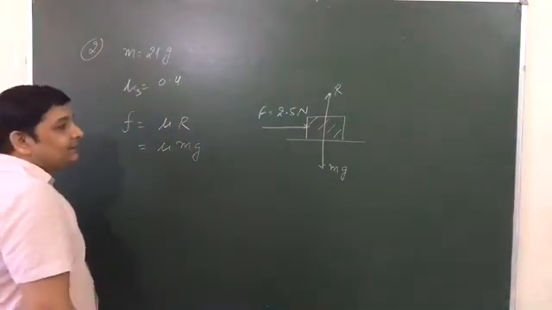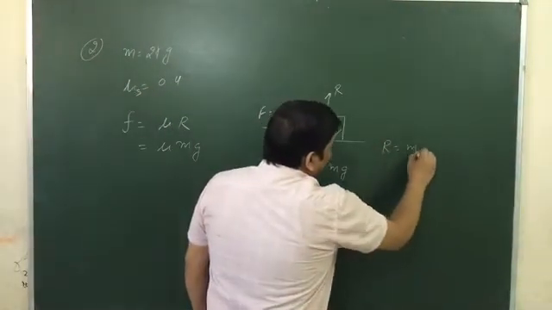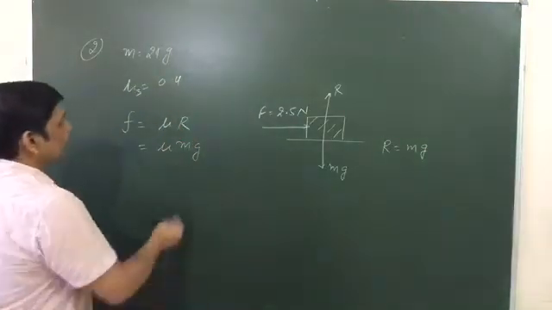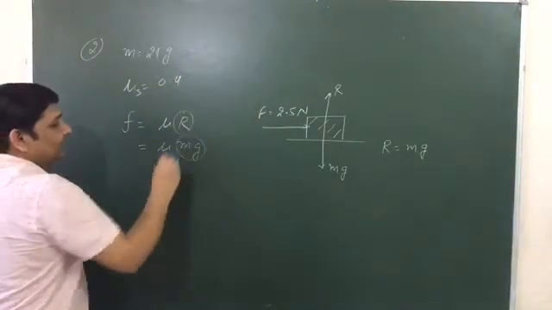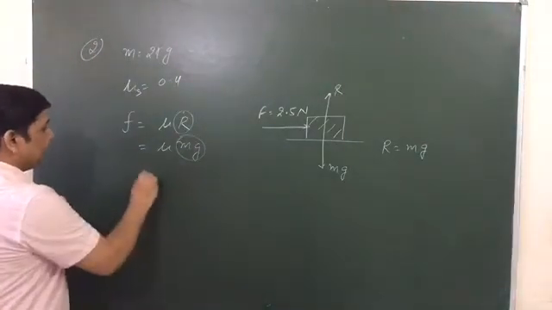In this case, reaction and weight are opposite but equal in magnitude. Therefore, R is replaced by the weight of the object.